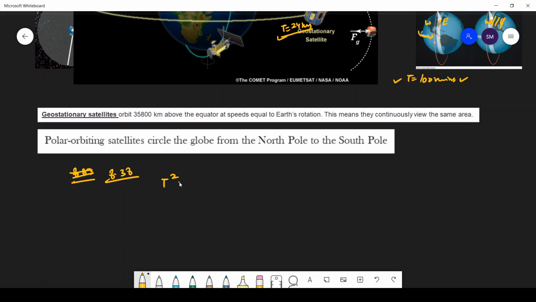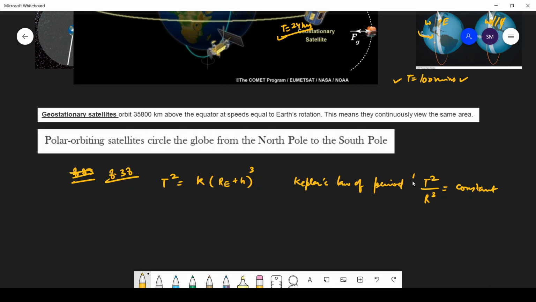That is T square is equal to k into (Re + h) cube, right? That's also Kepler's law of periods, which tells that T square by the orbital radius cube is constant.